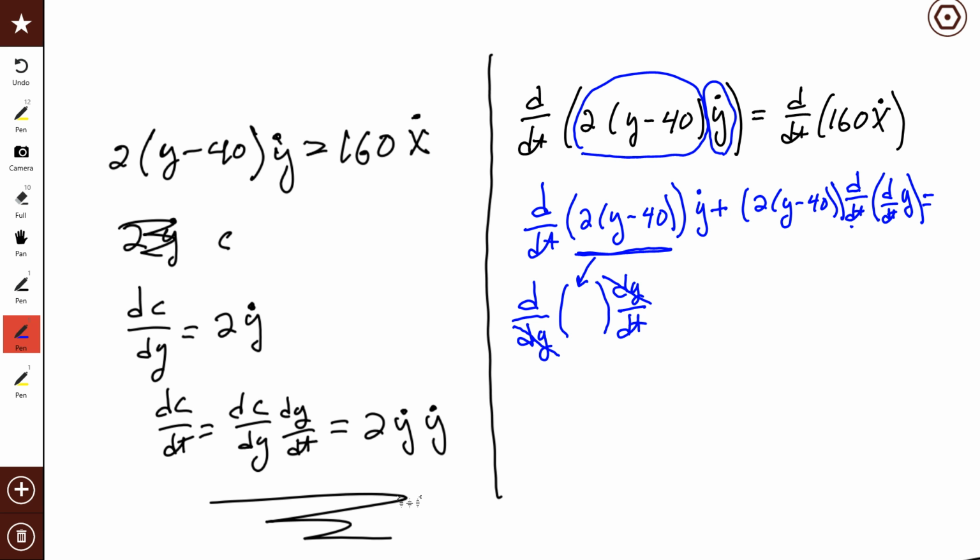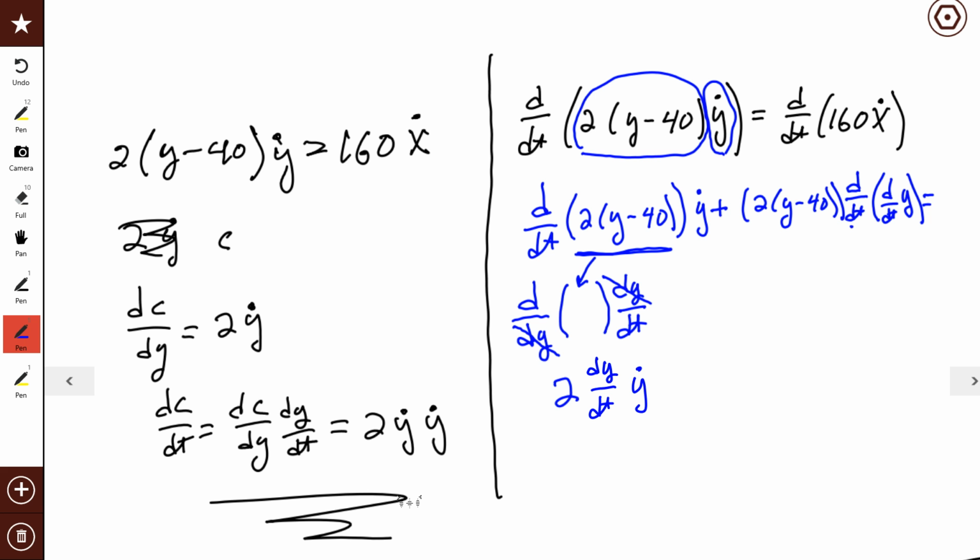So let's do that. I'm going to take the derivative with respect to y of the first term. That would be 2 times the y minus 40, which is 1. So that's the dy of that term, and then I need a dy/dt.